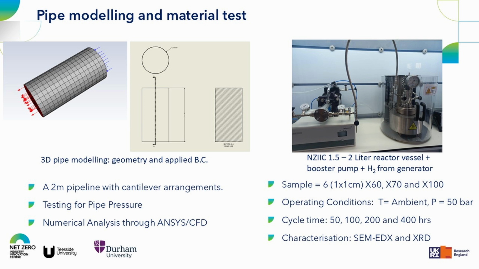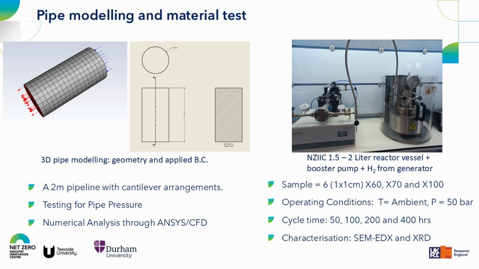As you can see, we have used a structured mesh with a low number of cells for now, but at a later stage we will use a refined mesh with a higher cell number, and also we are going to apply different boundary and initial conditions to the system and survey more complex and sophisticated conditions. This modeling in the CFD platform considers a 2-meter pipeline, and this is going to be done with the ANSYS CFD simulation software.